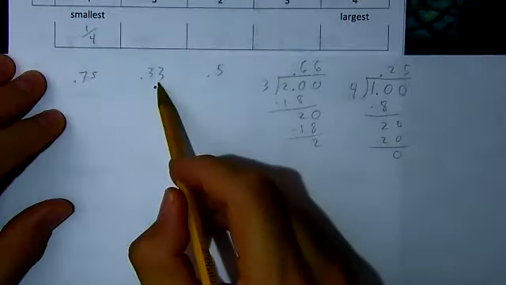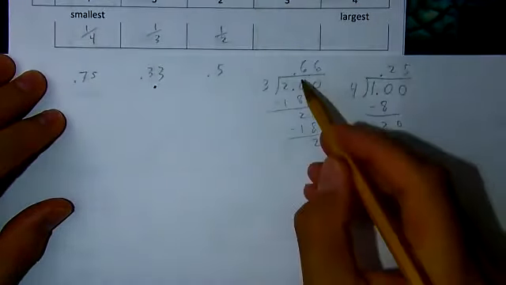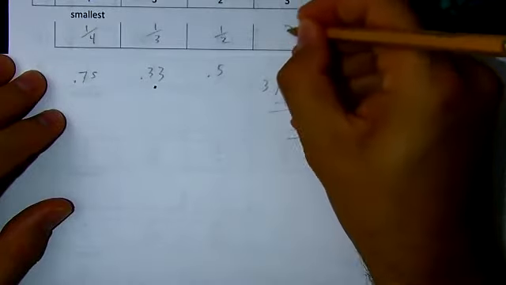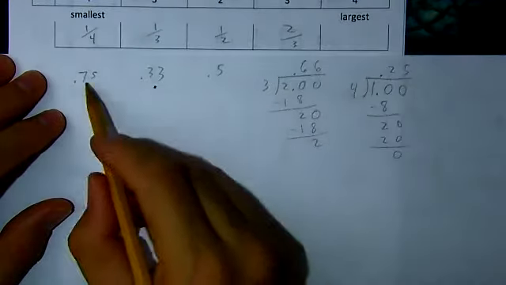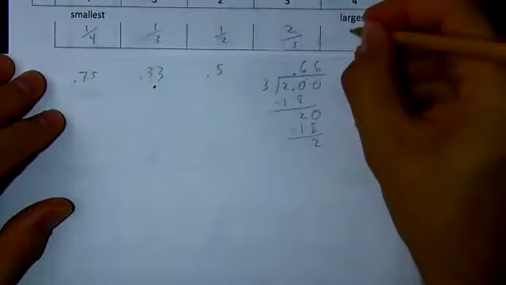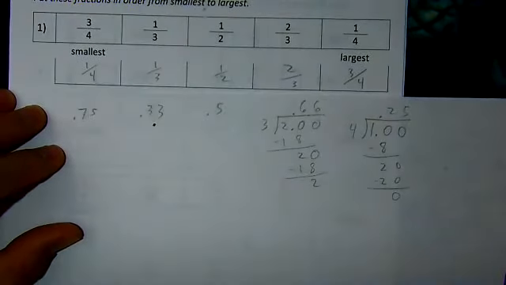And then 1/3. 1/2. 2/3, and then 3/4. So that would be those 5 fractions, least to greatest.